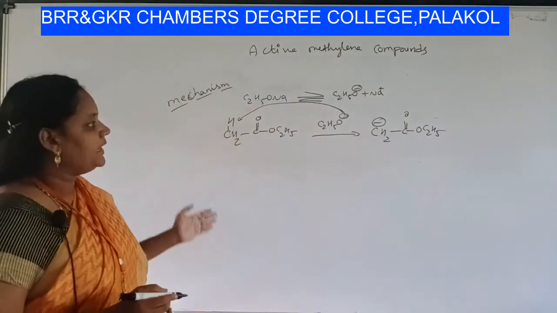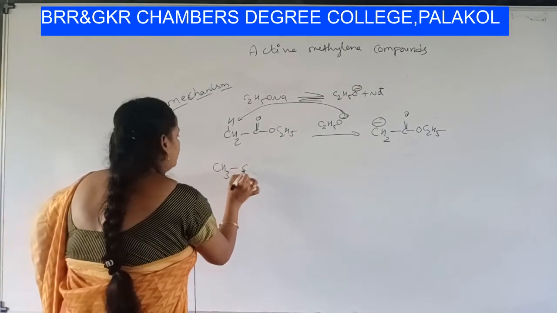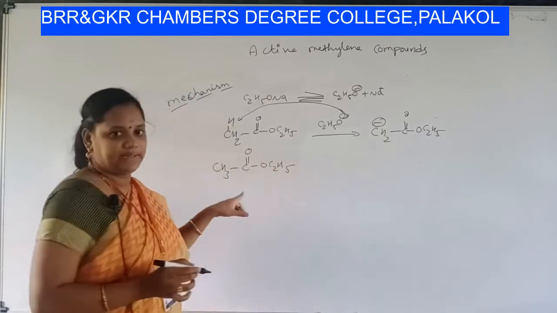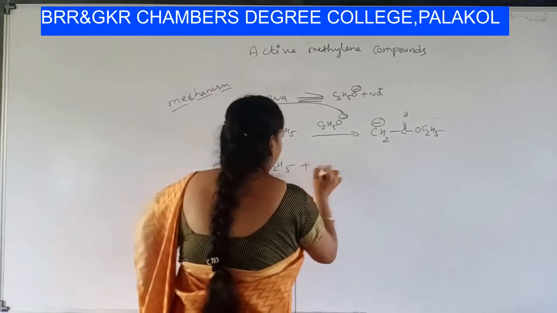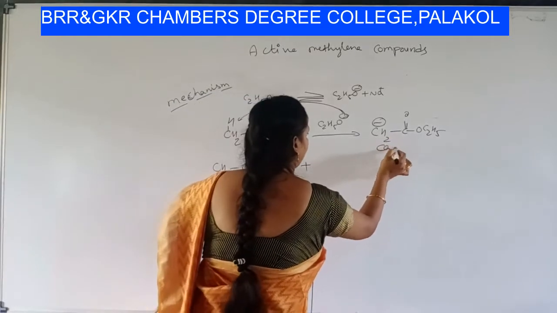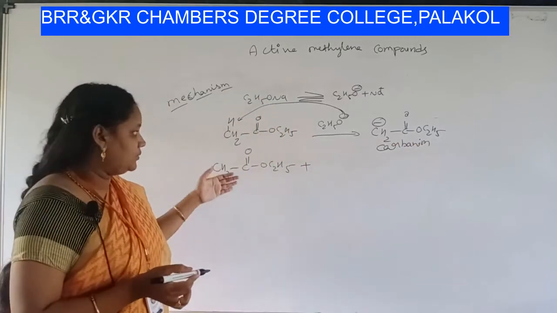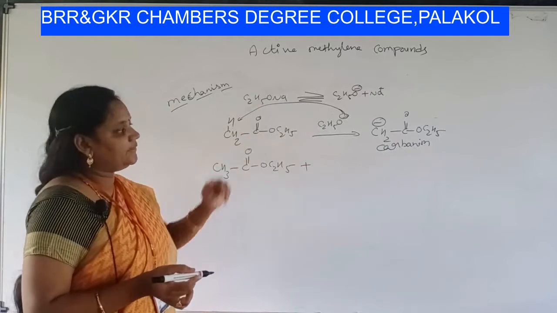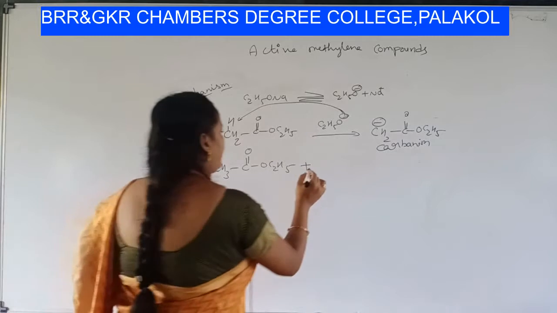Okay students, in the next step, we have to take the other mole of ethyl acetate, and we have prepared a carbanion here. The second mole of ethyl acetate is treated with the carbanion which is formed in the above step.